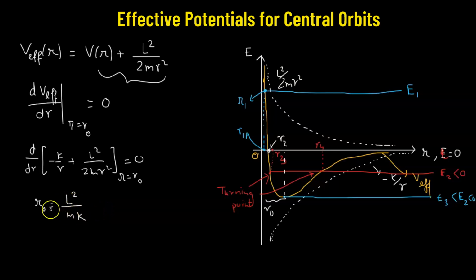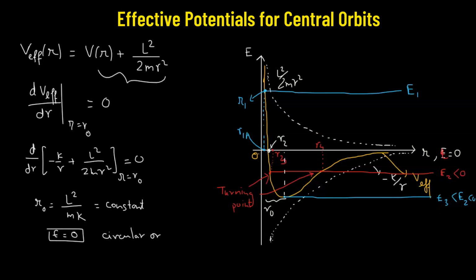So what we have found is that the distance R0 is constant, and whenever we have a constant distance, the eccentricity is exactly equal to 0, and this represents a circular orbit. So for different values of energy, we were able to calculate the eccentricity, and that helped us find the nature of the orbit, whether it is a hyperbolic, parabolic, elliptical or circular orbit.